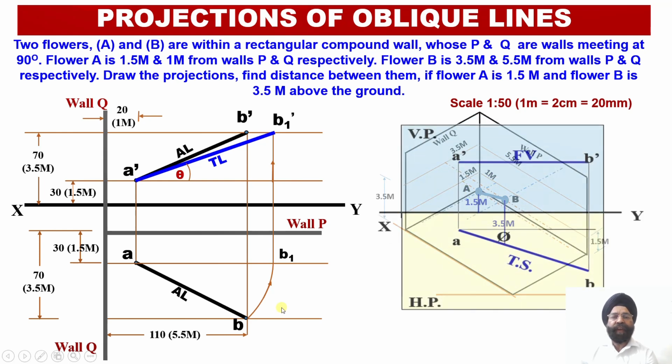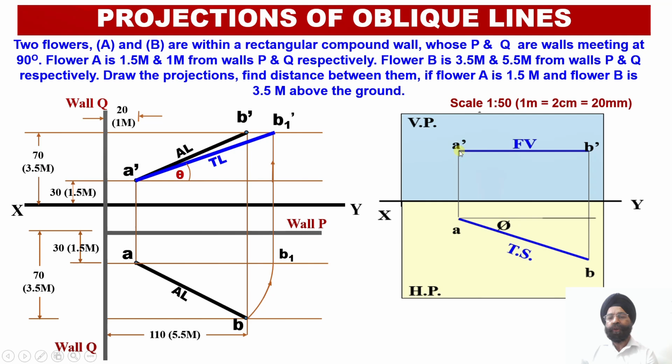In order to evaluate this, we have to use this fundamental of the rotation of the line, that is whenever our elevation projection or the apparent length becomes parallel to the horizontal plane, we are going to draw the projectors through these two points onto the horizontal plane, and we will be obtaining the true length of the line in the top view or onto the horizontal plane.